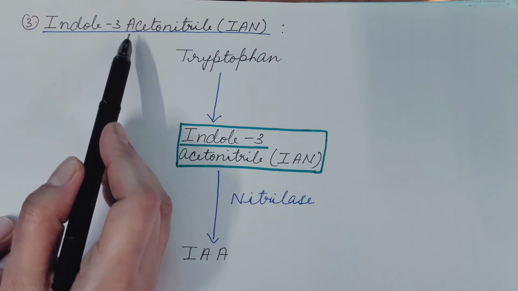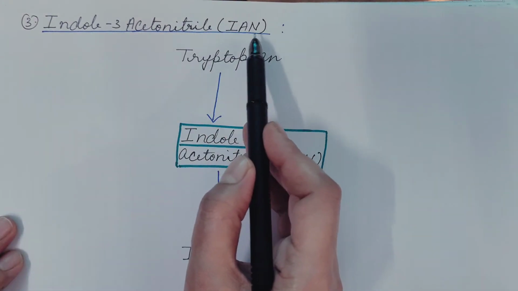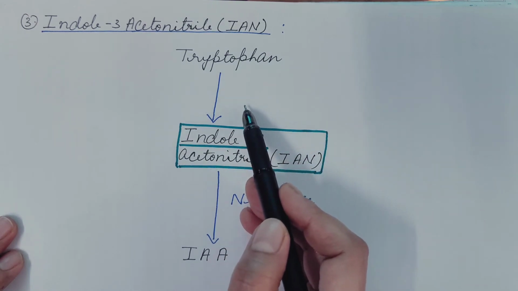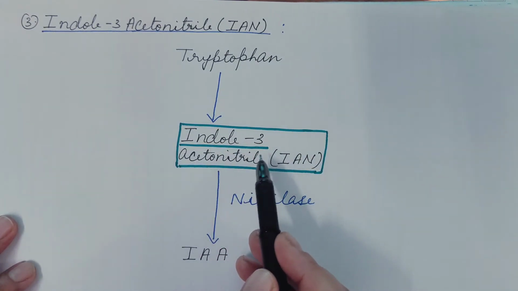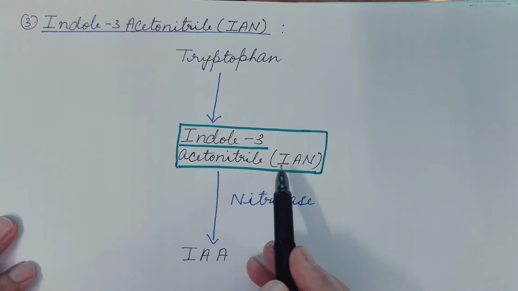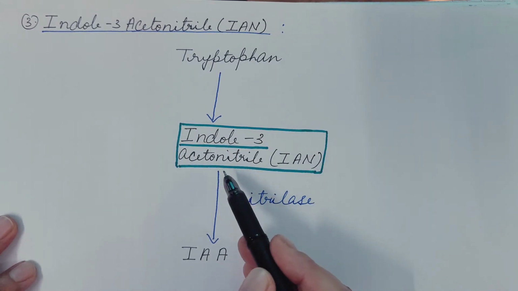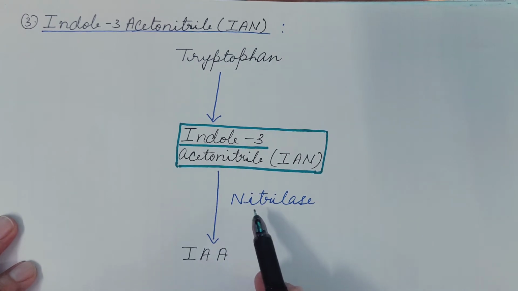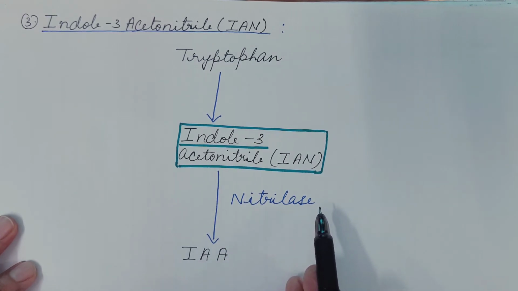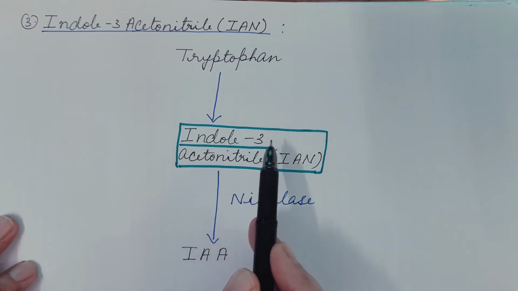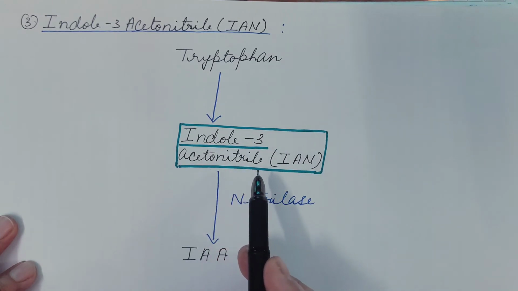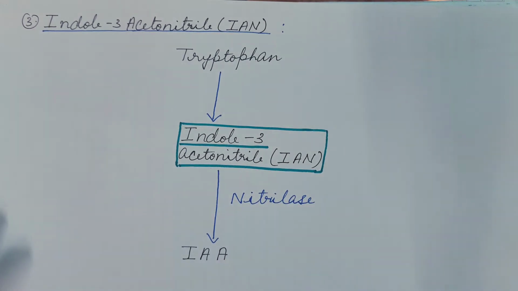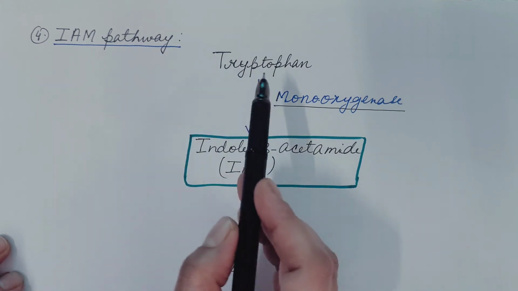Third is the indole 3-acetonitrile, IAN, pathway. Here tryptophan in the presence of a certain enzyme is converted into indole 3-acetonitrile, IAN. This is then converted into indole 3-acetic acid in the presence of the enzyme nitrilase. Here the first intermediate of the pathway is indole 3-acetonitrile, hence it is known as the IAN pathway. Now the IAM pathway.